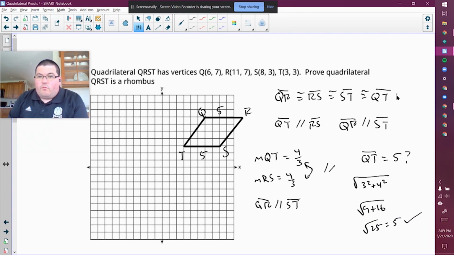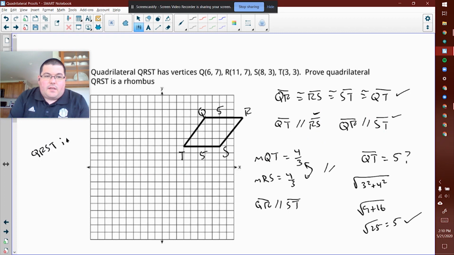And so now we've been able to show that they're all congruent and that each of our pairs of sides are parallel. We can say with confidence that QRST is a rhombus.